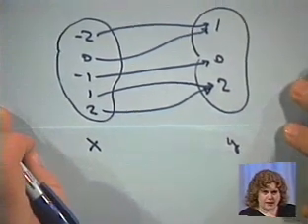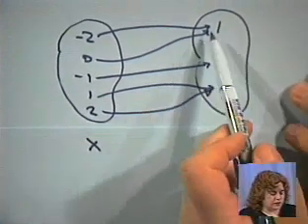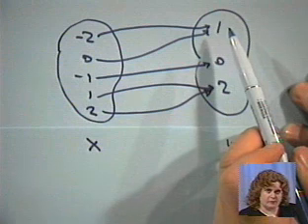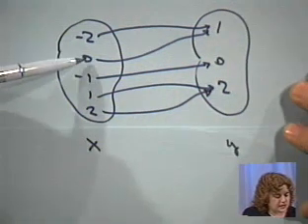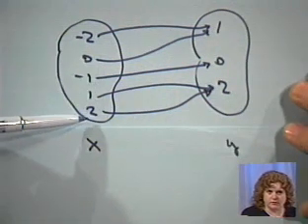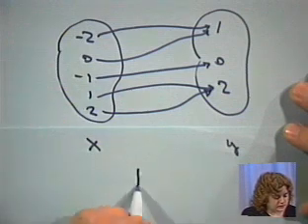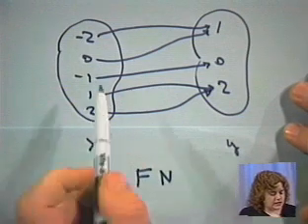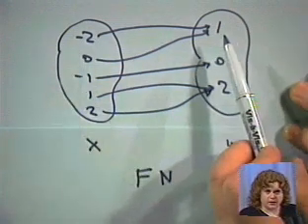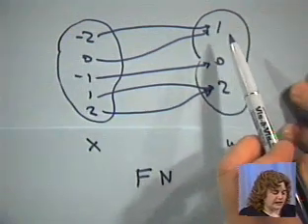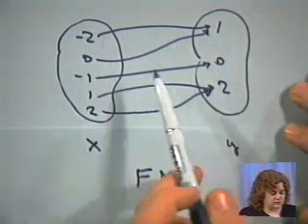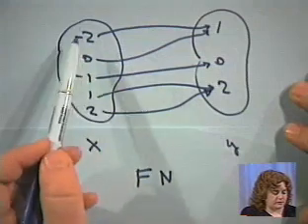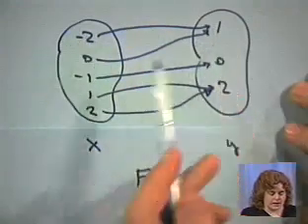It's okay to have two lines coming into the same y. The key is that each x has one line coming out of it. This is a function. Each x has exactly one y. A y can have two different x's, but an x can only go to one y.